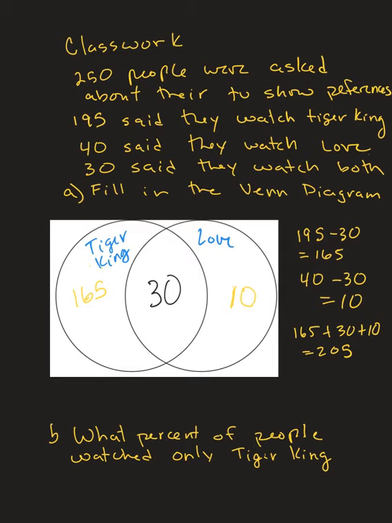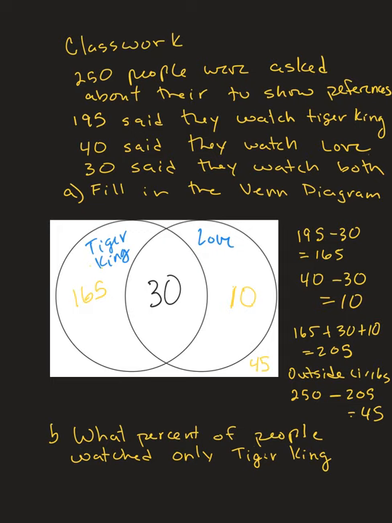Well, maybe there's those people that are too busy doing math homework, right? They don't have time to watch TV. So there's going to be some people outside the circle. Okay, so to figure out what goes outside the circles, we're going to take the 250 minus the 205, and that gives me 45, and that's going to go out here, so 45.